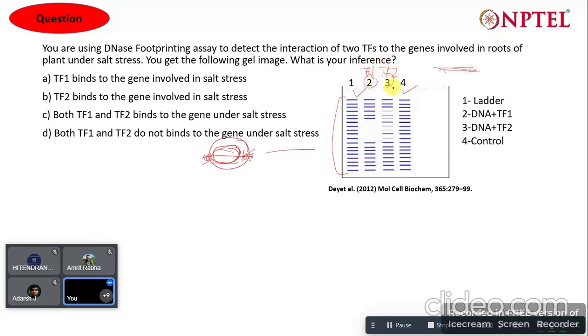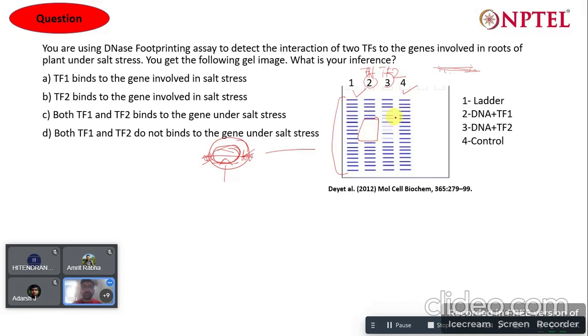Okay, so here we check the interaction of TF1 with TF2, and what we find is that if either TF1 or TF2 binds to this DNA, then this region that is empty here means that a protein is bound in this region on the DNA.